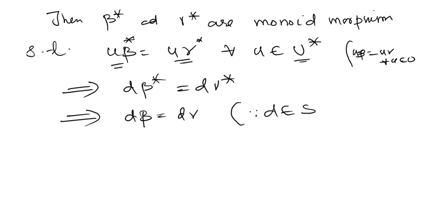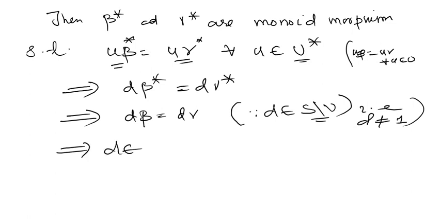So D is in S minus U actually. So D is not equal to 1. तो D actually आपने पहली S से choose किया ना, so D is not equal to 1. So this means that D belongs to dominion of U in S as required.